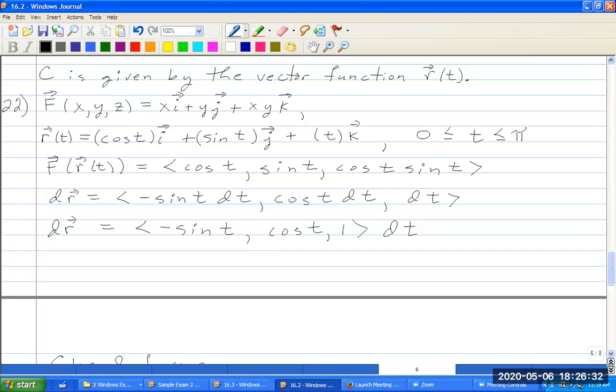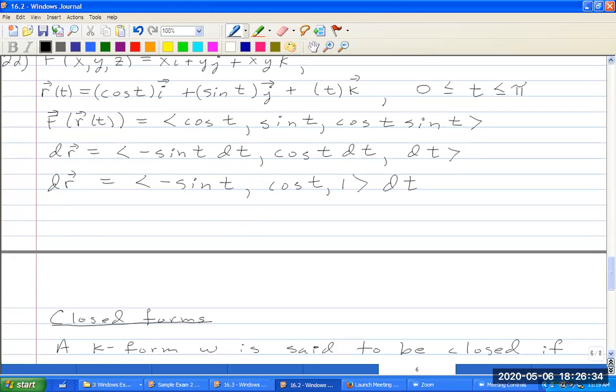So I have that f dot dr is just, well, let's multiply these.